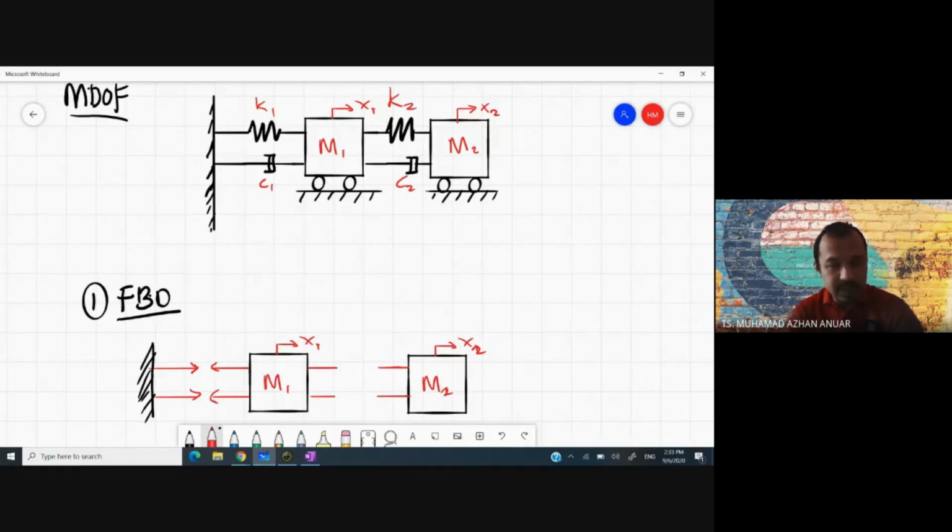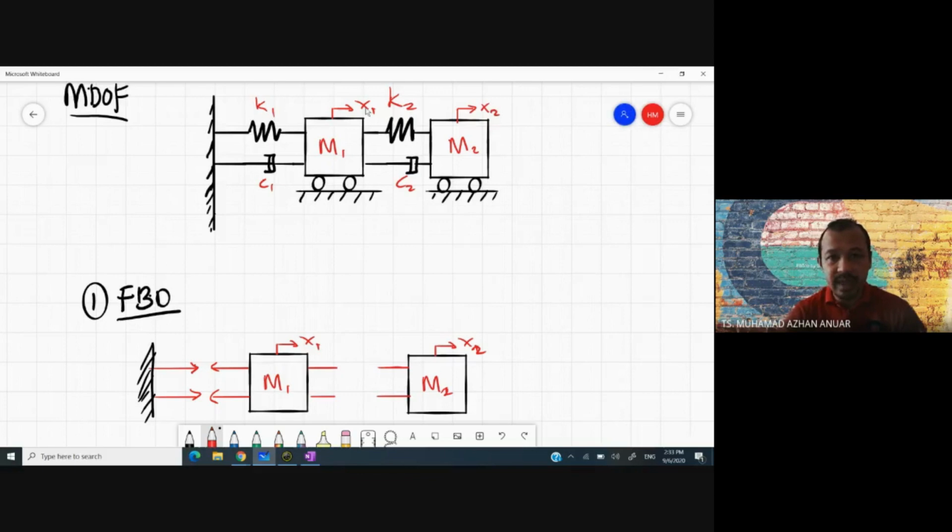All right, but for the area between block M1 and M2, we don't know whether these two elements are in tension or in compression. So don't worry, you can make your own assumption and follow the rule strictly, so that you get the answer correctly. Let's say we assume that x2 is greater than x1.